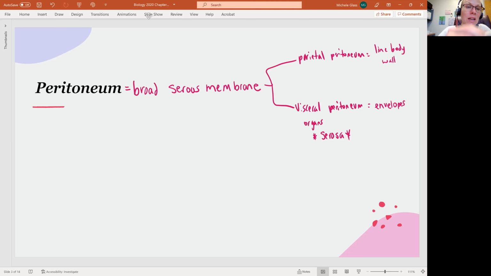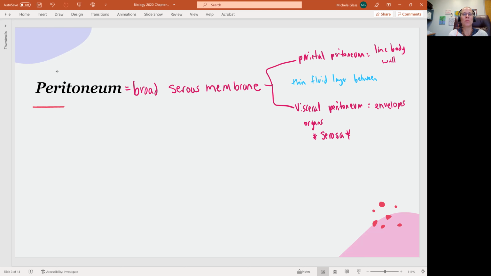And what we'll see then is in between the parietal peritoneum and visceral peritoneum, we have a thin fluid layer. This should make sense. We've seen this throughout the body where we have places of possible friction. We're going to put a little bit of liquid there to help with lubrication. And just think about it.